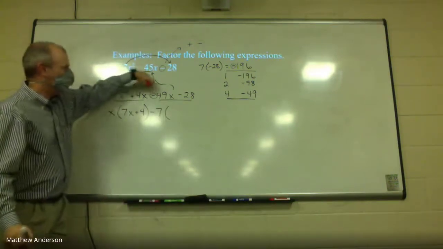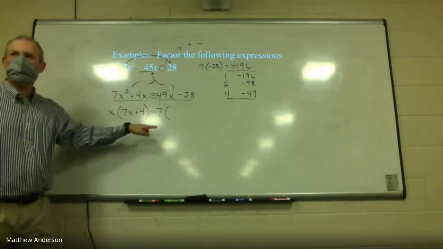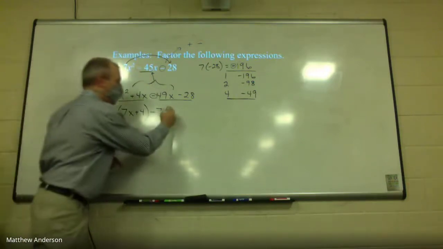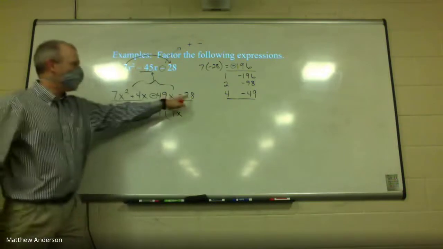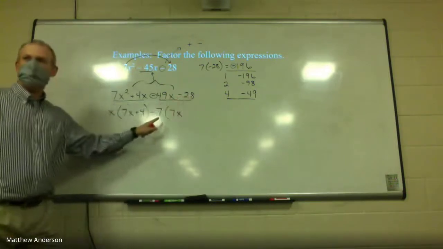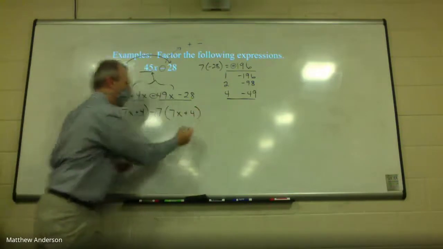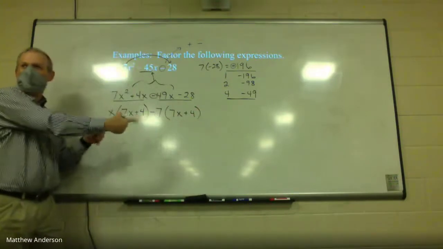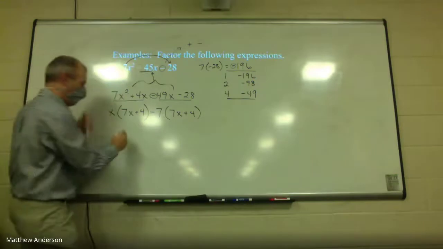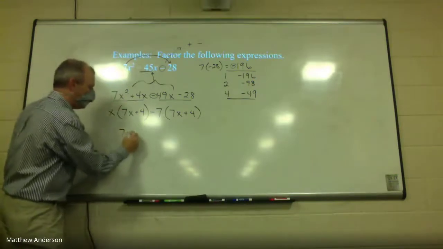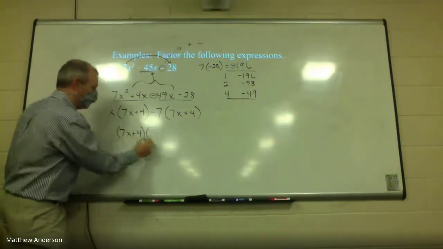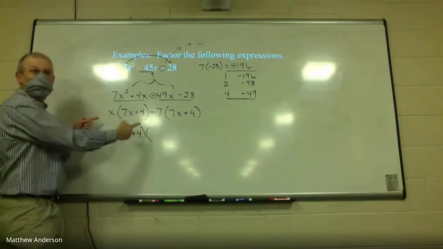So negative 49 dividing out a negative 7 will give us 7, and then we still have the x. Negative 28 dividing out a negative 7, positive 4, which is really convenient because we know it should match up as long as we did our work correctly. So we can factor out a 7x plus 4 from both of those. What's left in the first half?